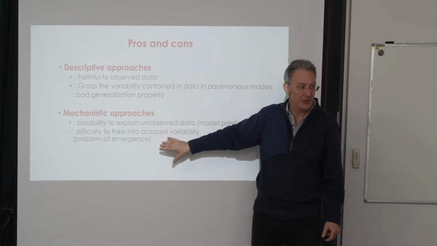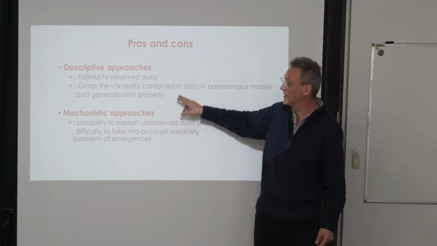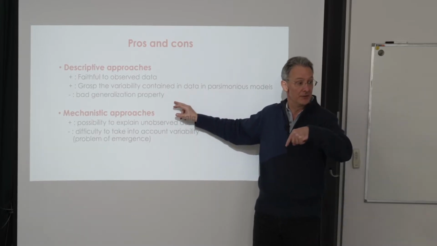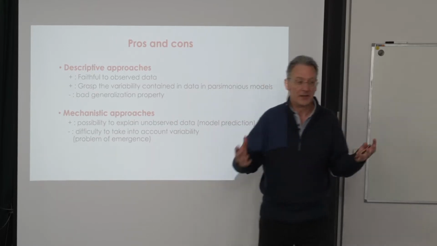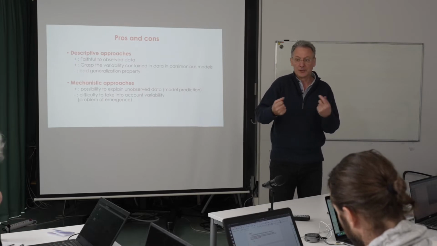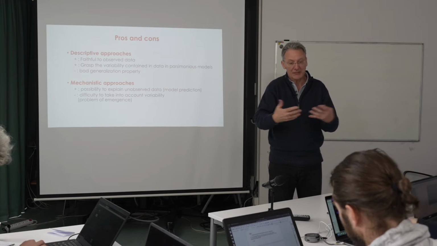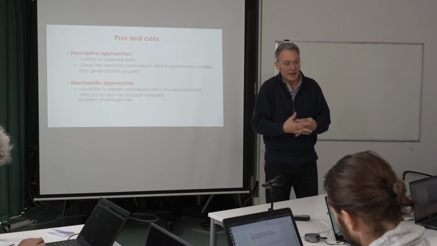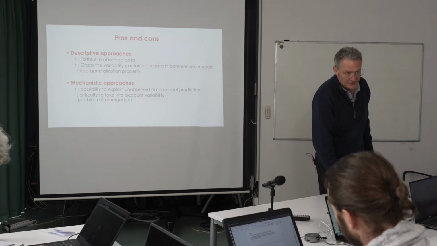Here I see from the inside. Here I try to define local laws of the mechanisms behind the construction of my object. Here I describe the result, so at a more integrated level. You can do combinations of these two approaches to try to take the best of both, but at some point it will be difficult to combine them perfectly well together. Clear on this?